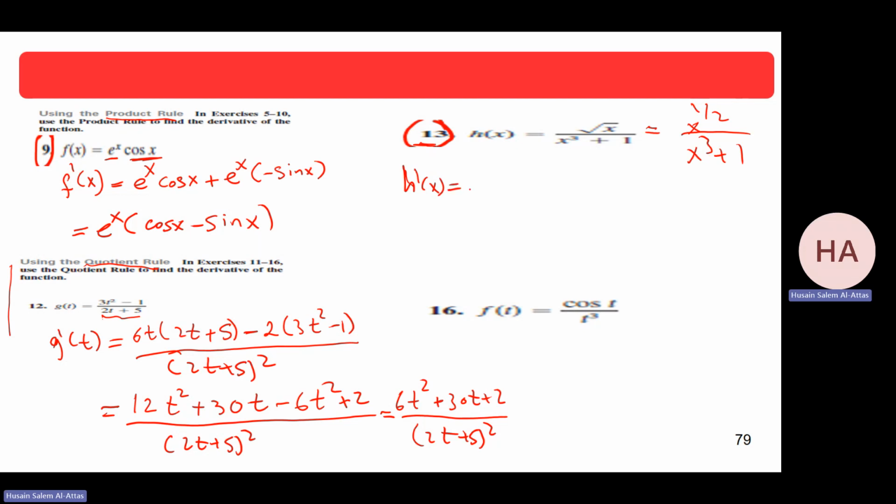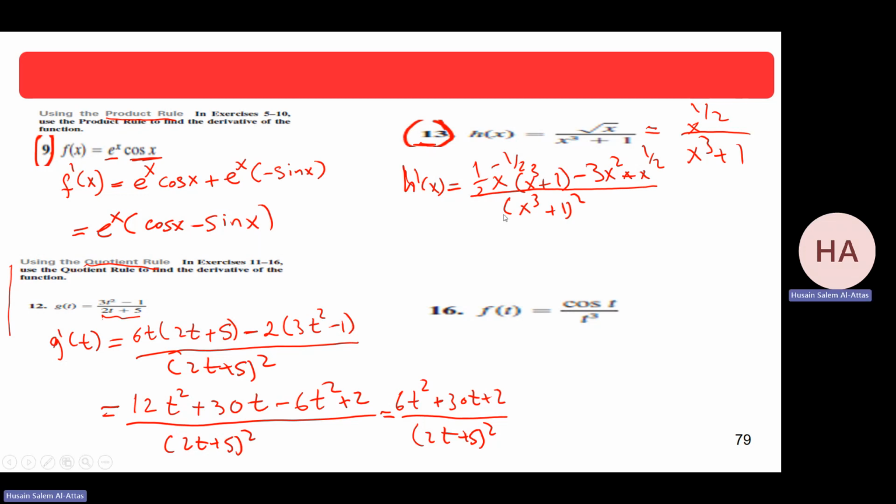H prime will be what? Derivative of the numerator, which is half x to the power minus half, times the denominator, I mean, minus the derivative of the denominator, which is 3x squared times the numerator over the denominator square.